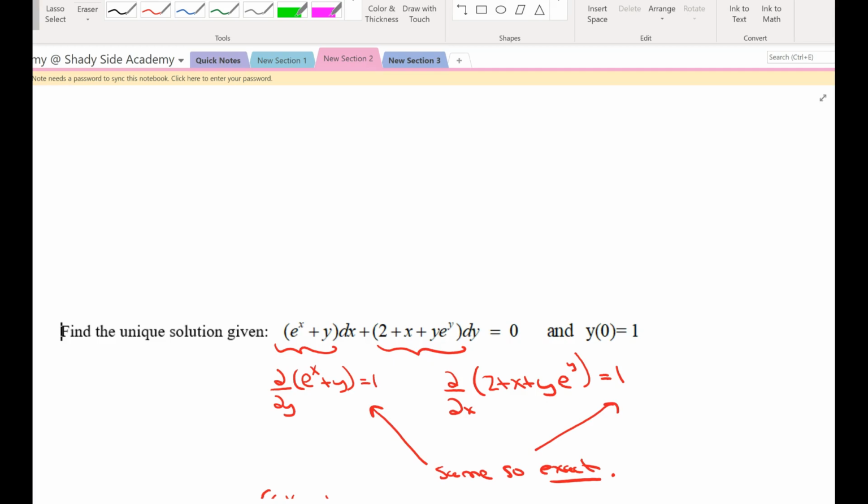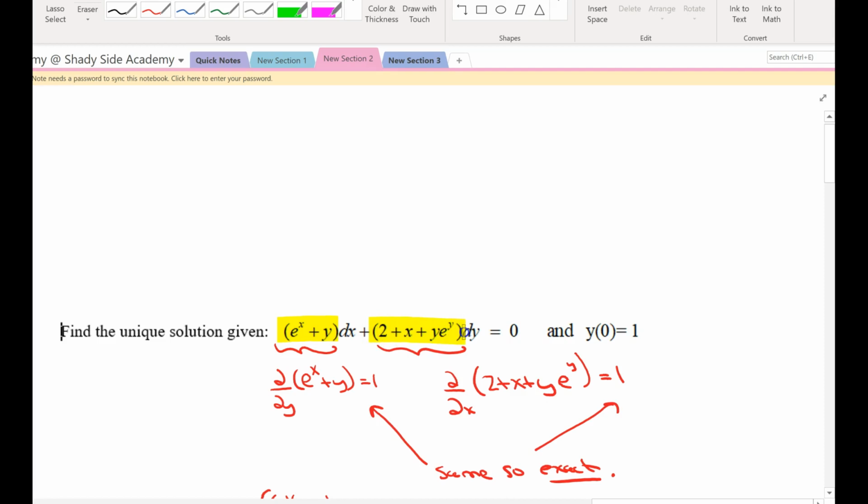Okay. So here, I'm going to start us off. It says find the unique solution given this diffie-q in total differential notation. We have an initial value problem now. So first, we're going to check to see if this diffie-q is exact. Again, this here is the partial derivative of some function with respect to x.